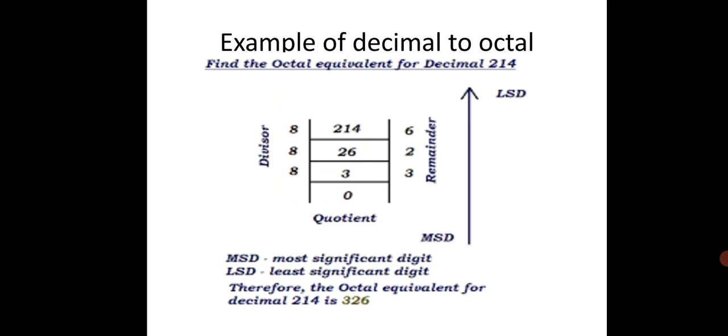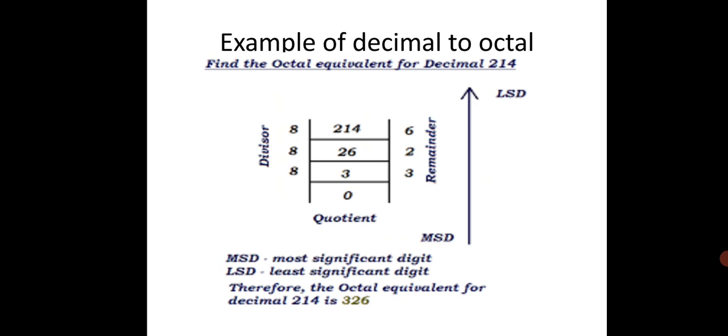214 is your decimal value and you have to convert it into the octal number system. 214 divided by 8 is 26 and your remainder is 6. 26 divided by 8 is 3, so your remainder is 2. 3 divided by 8 is 0, so you have to write down 3 as it is.